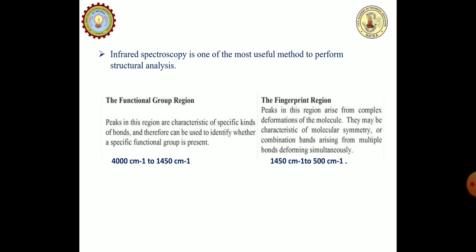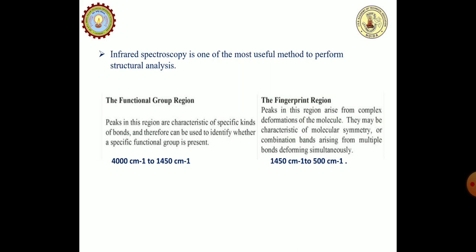In the mid infrared region, there are two types of region. The first one is the functional group region. The second one is the fingerprint region. The functional group region range is in between 4000 centimeter inverse to 1450 centimeter inverse. The peaks present in this region are characteristic of specific kinds of bonds.